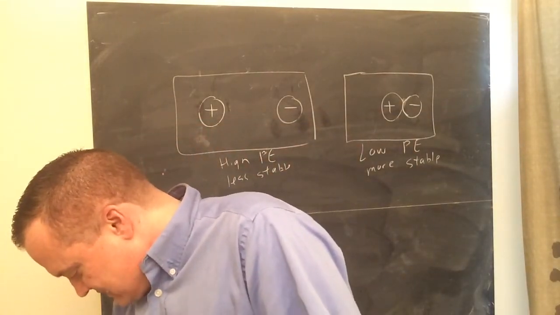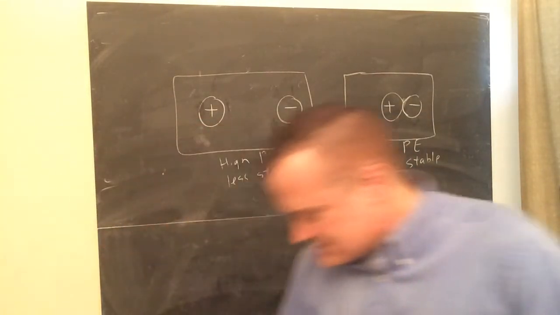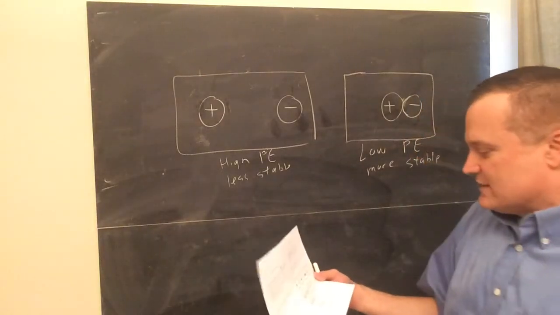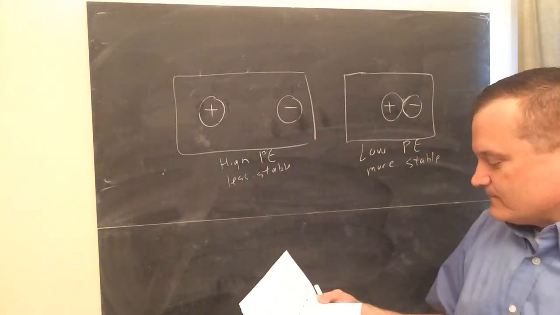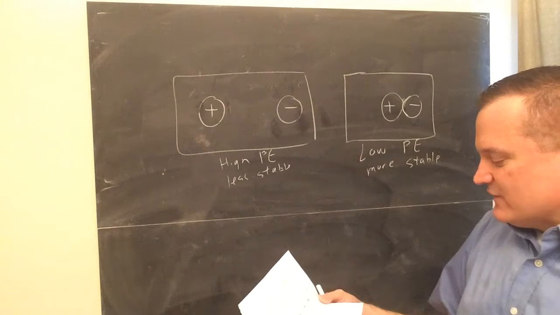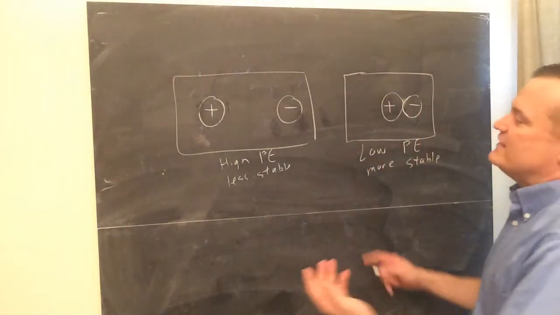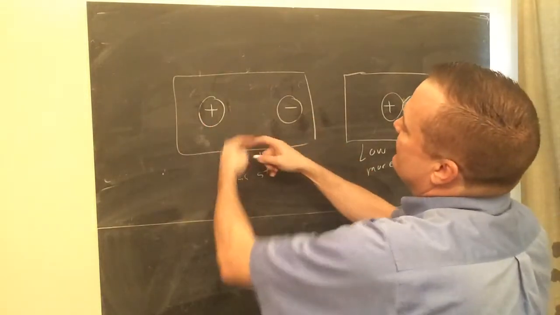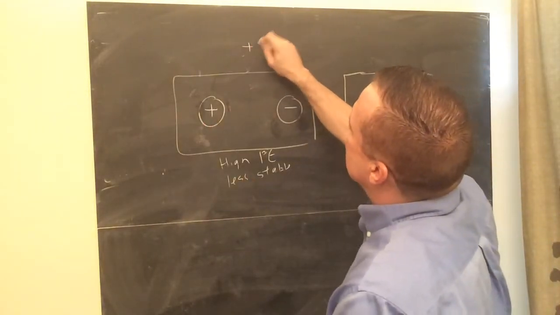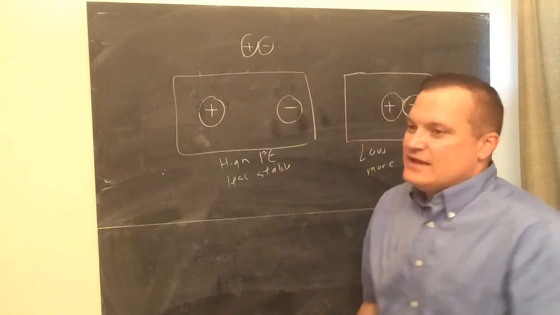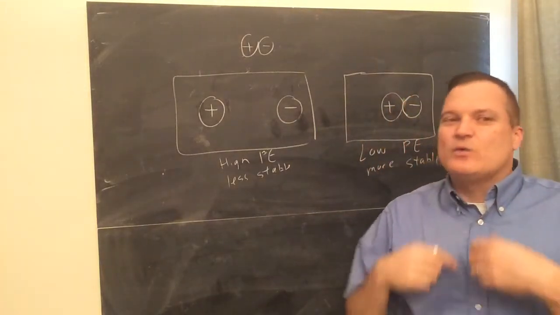Okay, so it just says, for example, look at one of these diagrams. Does it represent high or low potential energy? Then it says, if these particles were to join together, would energy be absorbed or released? Think about this. If these join together, positive to negative, it goes from here to there. Does that require energy, or will energy be released?